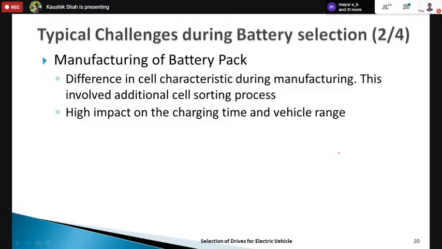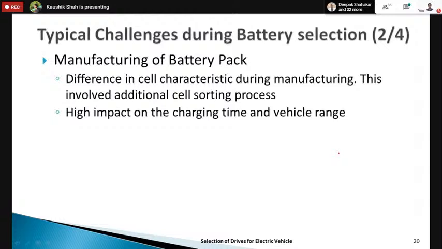I'm not sure I got a chance to cover the cell manufacturing process, and there should be one session on it. I would suggest you understand cell sorting and characteristics as manufactured well, as that is a precondition for the battery pack, right?